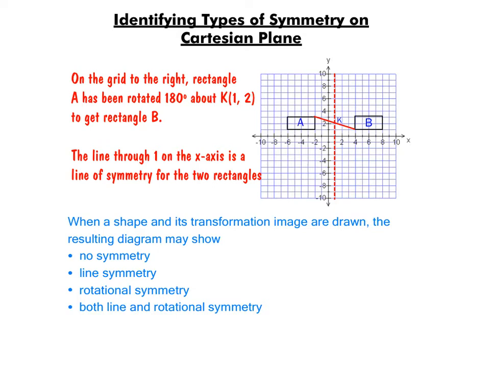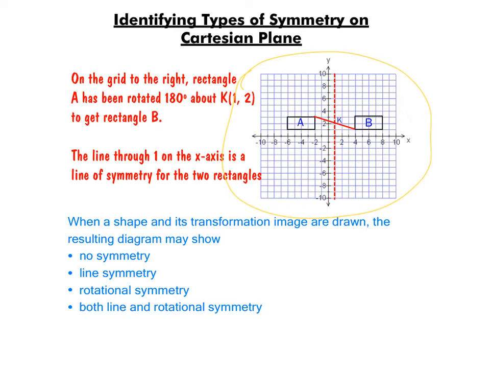And by drawing this line here, we also see that at point K, which has the coordinates 1, 2, there's rotational symmetry of 180 degrees. If we take A or B and rotate them 180 degrees about that point K, they will coincide with the other rectangle. So this particular situation has both rotational and line symmetry.